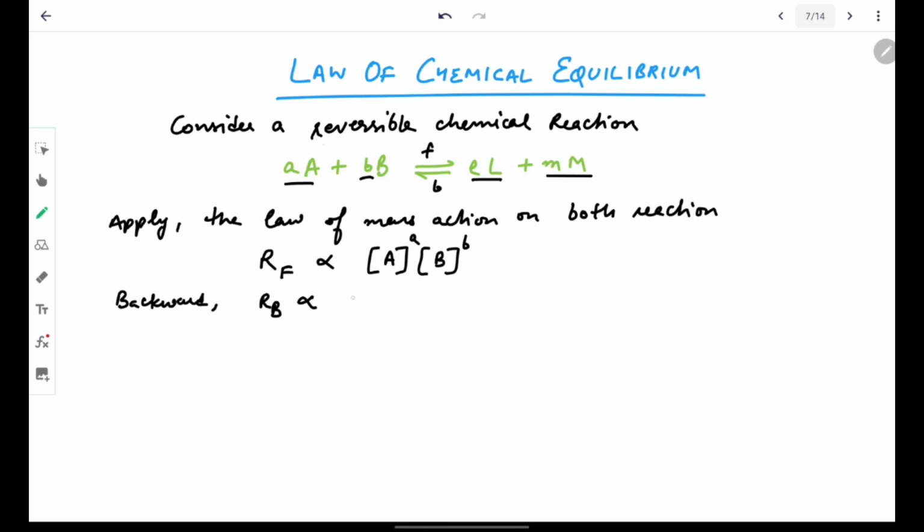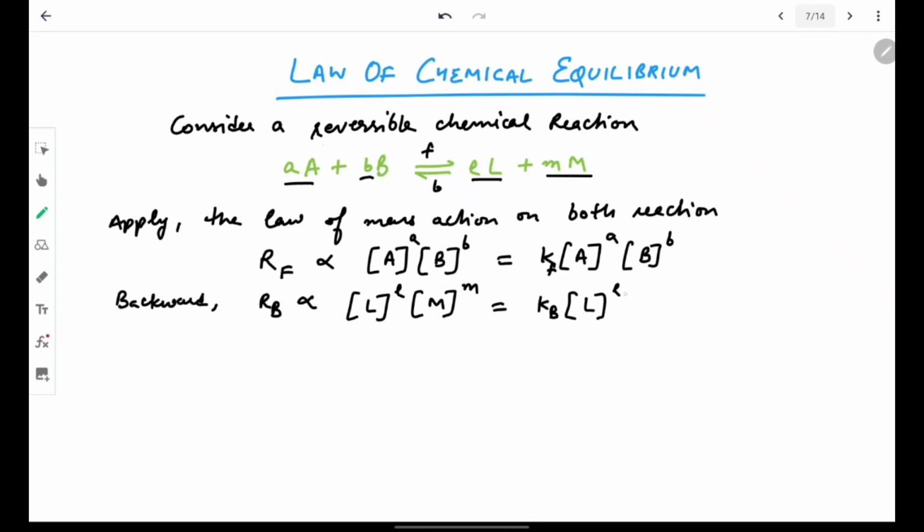Therefore, the rate is [L] raised to the power small l and [M] raised to the power small m. Removing the proportionality, for the forward reaction it is Kf, [A] raised to the power a and [B] raised to the power b. Similarly, this is Kb, [L] power l and [M] power m. Mark these as equation 1 and equation 2.